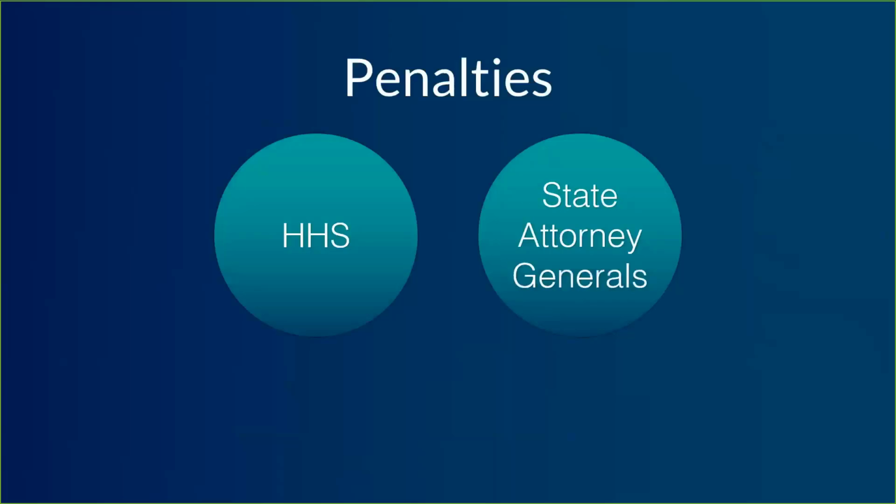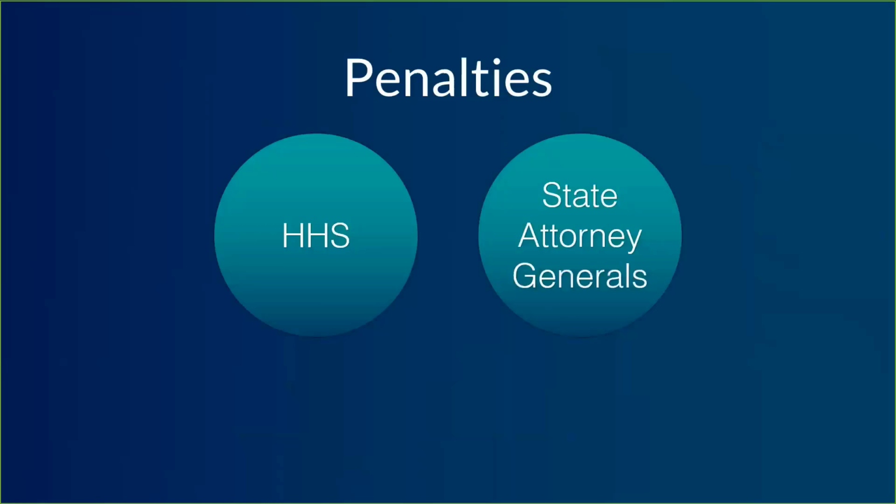But if you are, or if you know anyone who is, maybe give them a heads up that the State Attorney Generals, plural, can come and ask for a fine or give you a penalty if their particular state was affected. So if you have multi-state breaches, you could have multiple state attorney generals coming with a penalty.